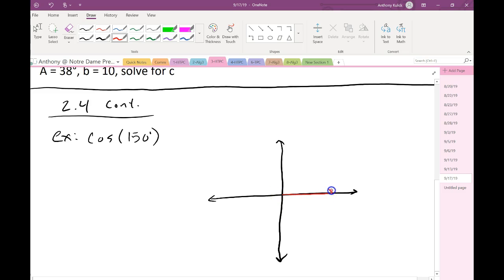I always draw the initial side of my angle on the positive side of the x-axis. And then I'm going to rotate from that initial side 150 degrees. So 90 degrees to here, and then 60 more puts me somewhere over here. Everybody okay with this idea?